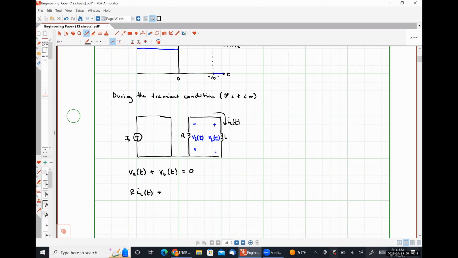The voltage drop across an inductor is L di by dt. And this is equal to 0. So what I have here is a homogeneous first order differential equation.